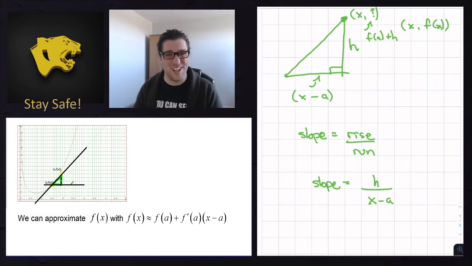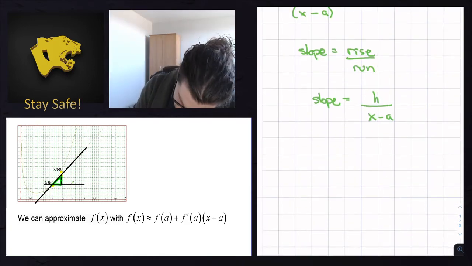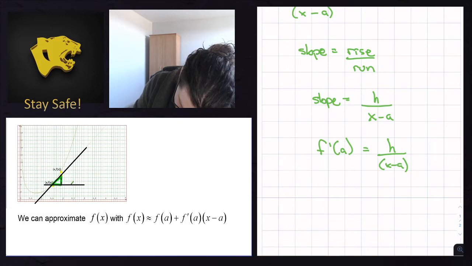Since it's the tangent line, its slope is equal to the derivative of f at a. What's the derivative of f at a? It's just f prime at a. And that's going to be equal to h over x minus a, which means that height is equal to x minus a times f prime at a.